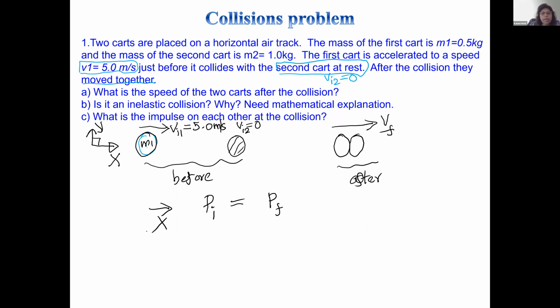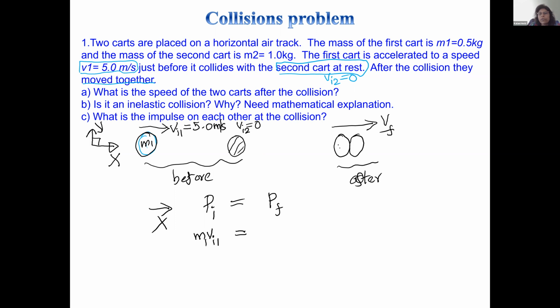Now M1 has the velocity, but just don't plug the values directly. First write the equation by using your defined variables. So initial M1 V1 initial. The second one has initial velocity 0, and if something is 0, you can just write it as 0. Equal, right?